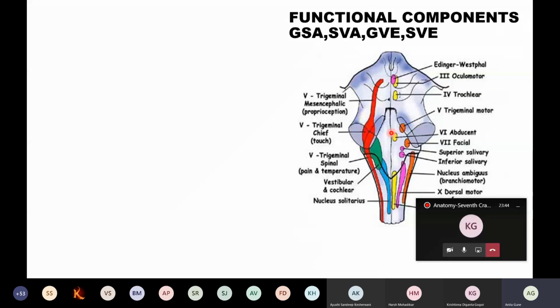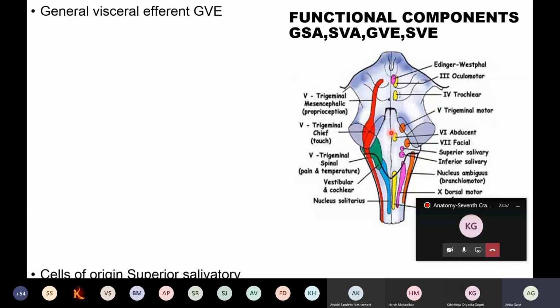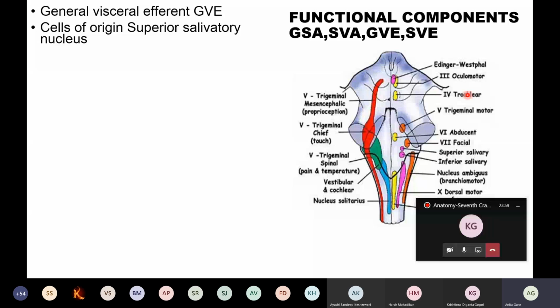Coming to the facial components, it has got sensory as well as motor. The motor components are, it has the general visceral efferent, that is, it is giving secretomotor fibers through the superior salivatory nucleus. We had seen at the section at the lower end junction of the level of the pons, there was superior motor nucleus.